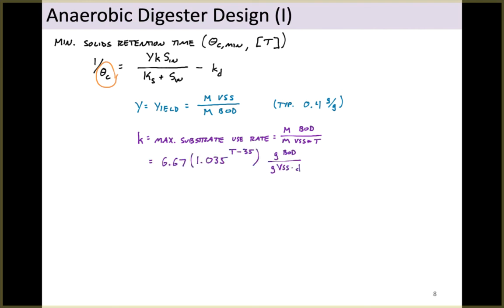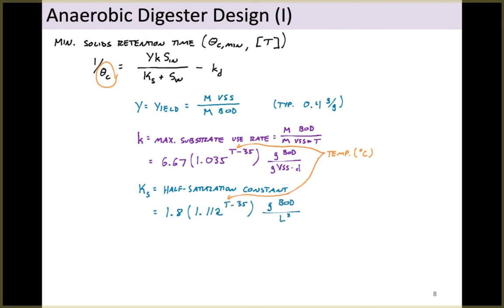And we know temperature is extremely sensitive, and you can see there's an Arrhenius equation formulation here that'll let us calculate this using the correct temperature in degrees Celsius that we plan to operate at. And that'll have units again of grams of BOD per grams of volatile suspended solids per day. Continue working through the equation.